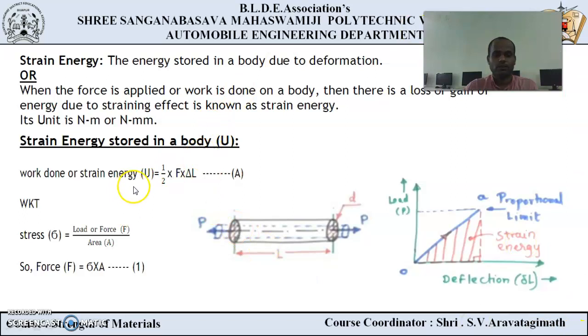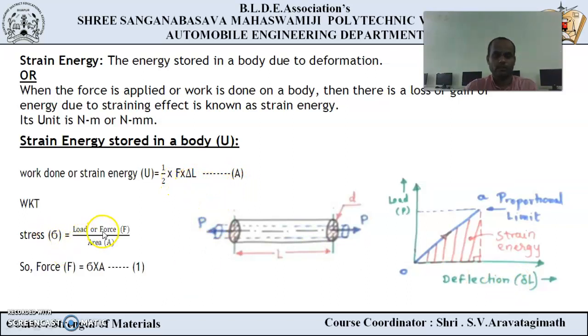So the work done or strain energy equals the area of the triangle, 1 by 2 into base into height. Height is the force P, and base is the deflection delta L. So U equals 1 by 2 into F into delta L. It is equation A. We want the F and delta L values.